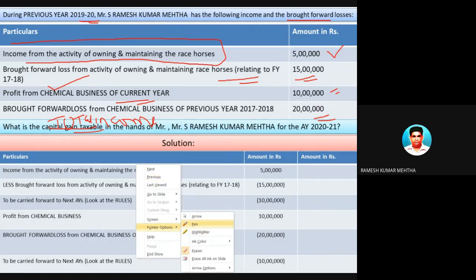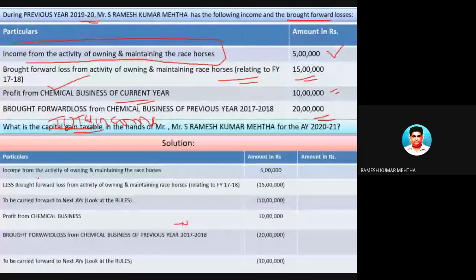So here, first one is income from the activity of owning and maintaining of horses of the current year is 5 lakh rupees. Number two, there is a loss to the tune of 15 lakh rupees from the similar business of maintaining and owning of horses, and this was of 2017-18.